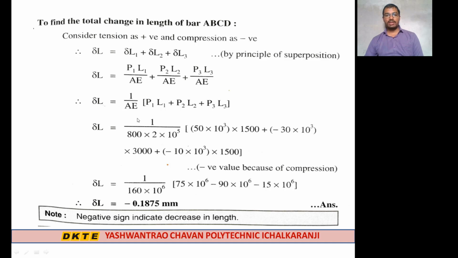After doing these calculations, we will get delta L equal to minus 0.1875 millimeter. The negative sign indicates a decrease in length. That means there are two compressive loads acting on two sections and one tensile on one section. One body gets elongated and two bodies get compressed, and the total algebraic sum is negative. That means the negative sign indicates overall there is a decrease in length of section A, B, C, D.